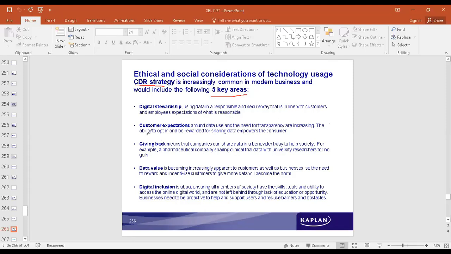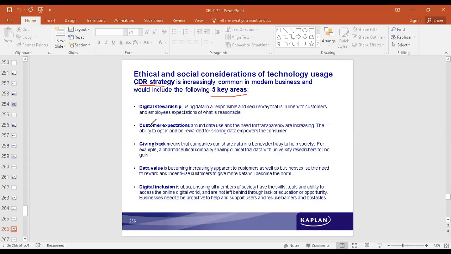The ability to opt in and be rewarded for sharing data empowers the consumers. So, meet the customers' expectations. They must have shared the data with some expectation that the privacy, the confidentiality part of it will be taken care of. So, take all possible measures to meet the expectations of the customers.